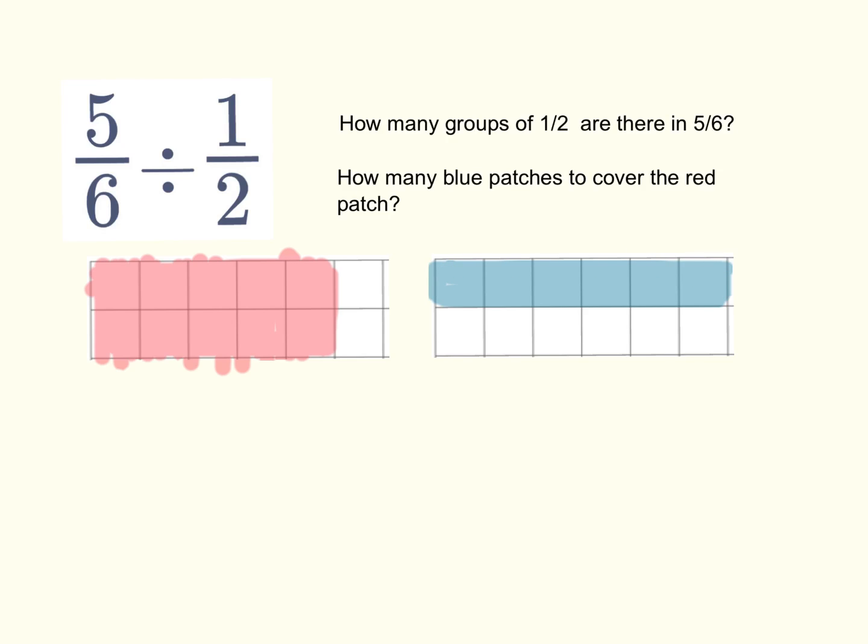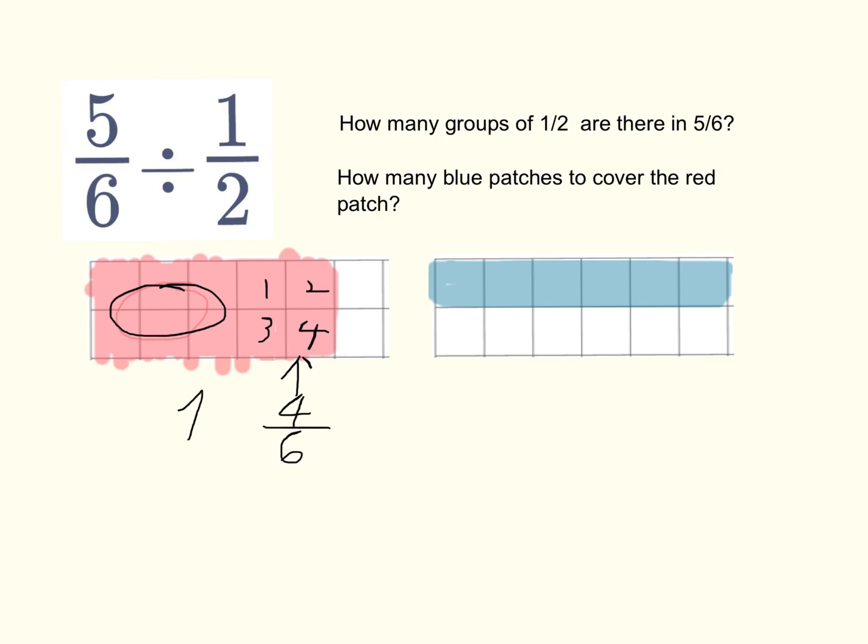So if 6 little squares is one blue patch, then this is one blue patch. Okay, so this part is going to be one blue patch because there are 6 little squares. And then it's only 1, 2, 3, 4 here. So 4 little squares. That means this is 4/6 of one blue patch.